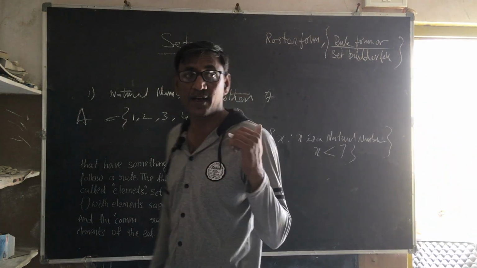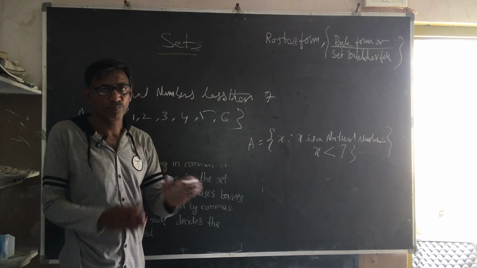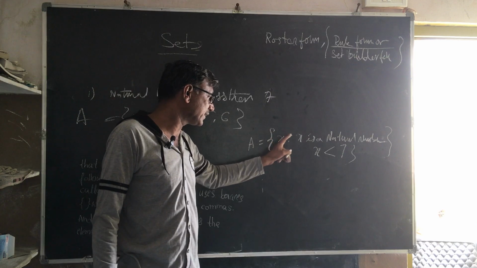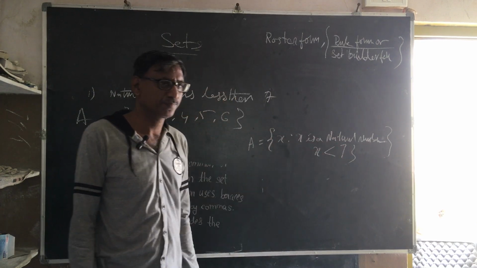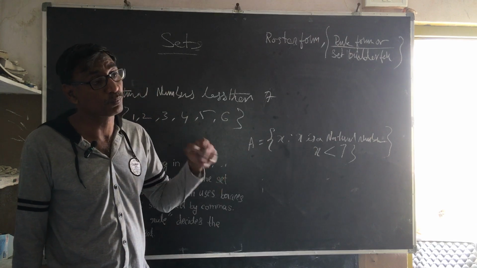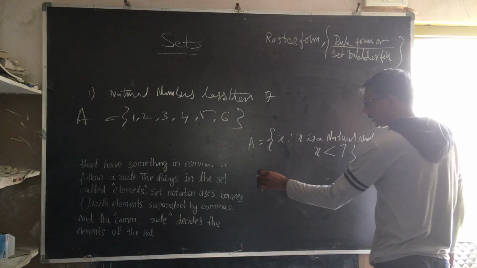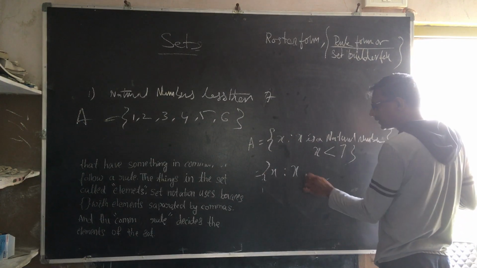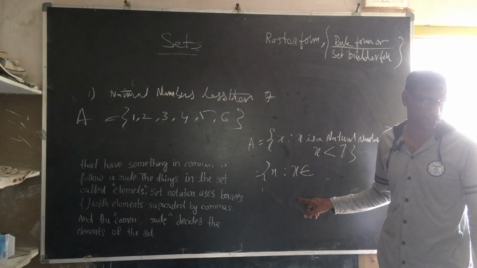Here I define it like this. Both are the same, but they are in different forms. X such that X is a natural number less than 7. This we can also write shorter. X such that X belongs to N. This is the symbol I told you, belongs to.